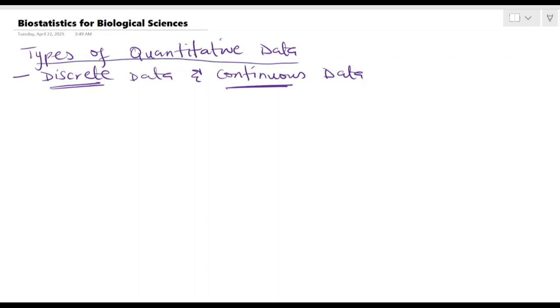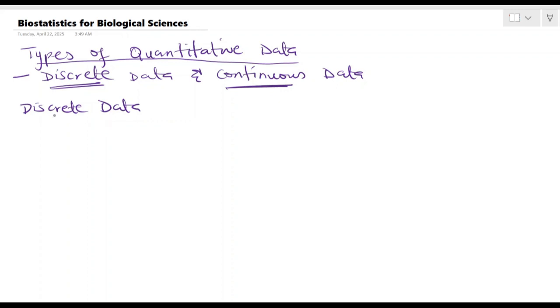So what is discrete data? Discrete data represents counts or whole numbers. These values are separate and cannot be subdivided. The keyword there is that it cannot be subdivided.